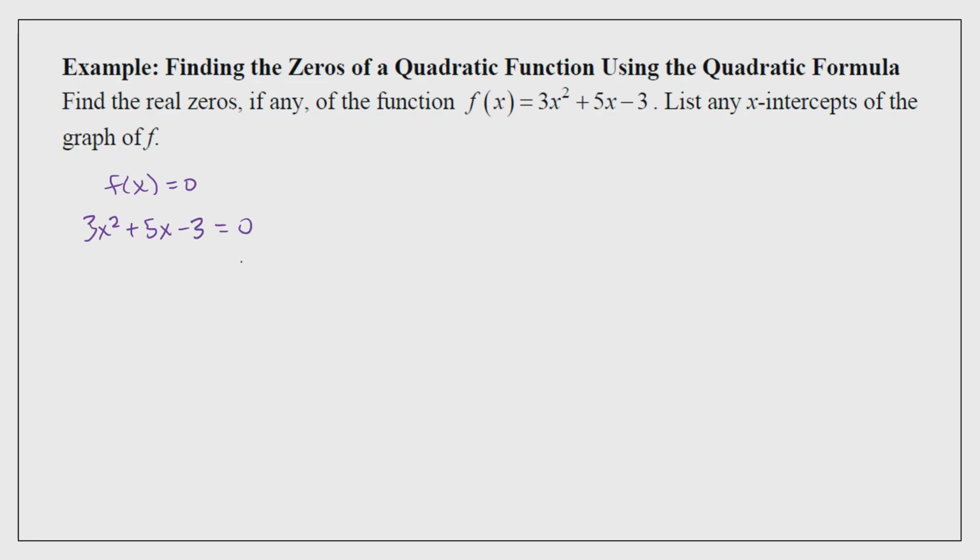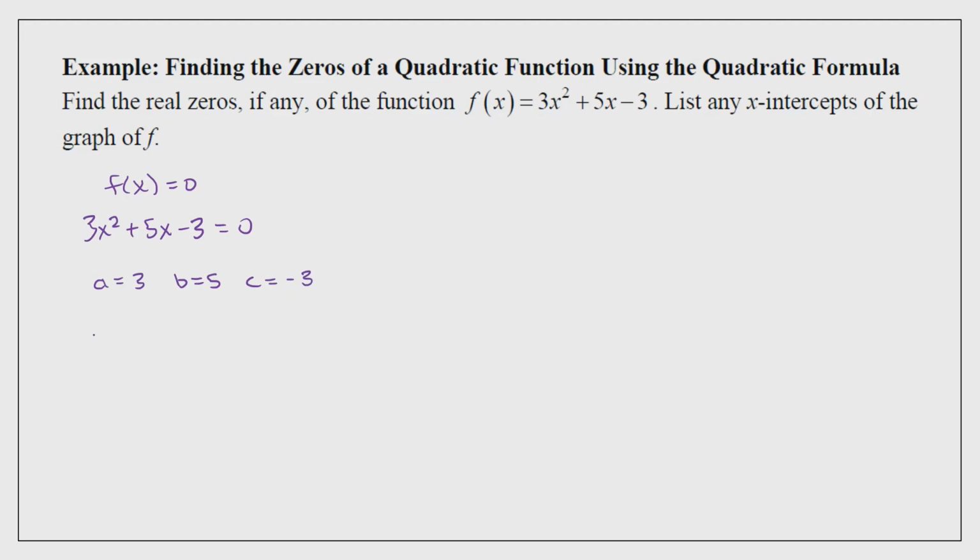Now we need to identify our a, b, and c so that we can use the discriminant and the quadratic formula to help us find our zeros and x-intercepts. According to this problem, our a is 3, our b is 5, and our c is negative 3.